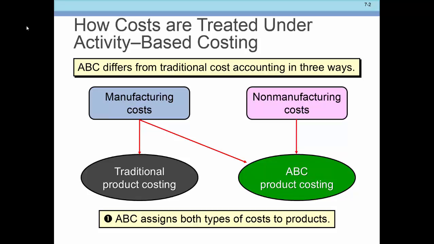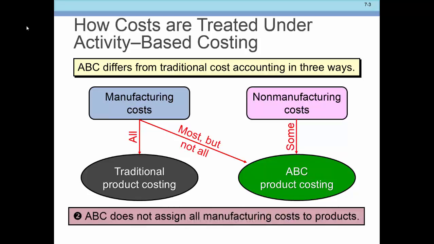We said that several times. When we're dealing with ABC, activity-based costing, we will have multiple rates, and we will allocate our non-manufacturing costs to our products as well as our manufacturing costs. So ABC gets both of those.